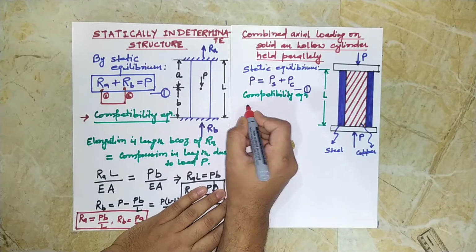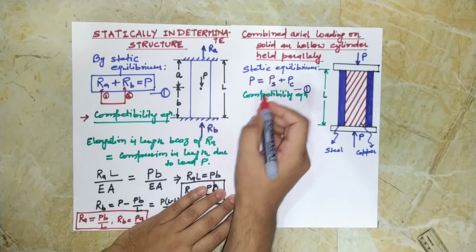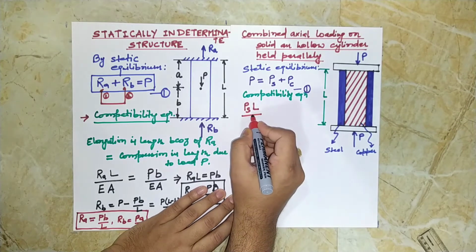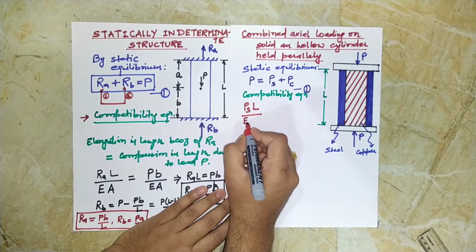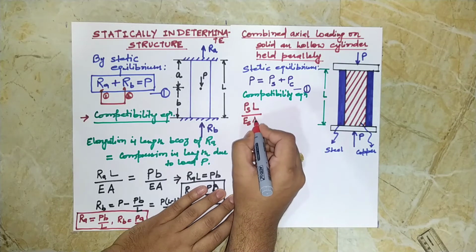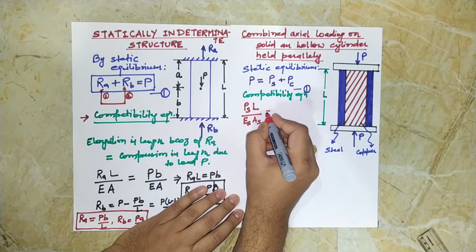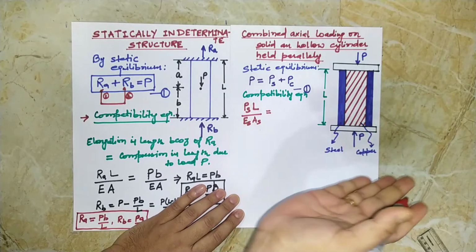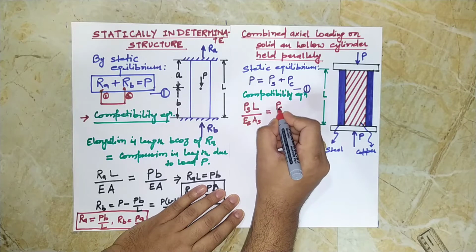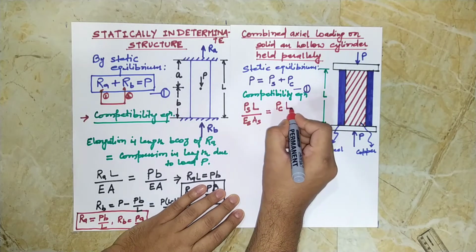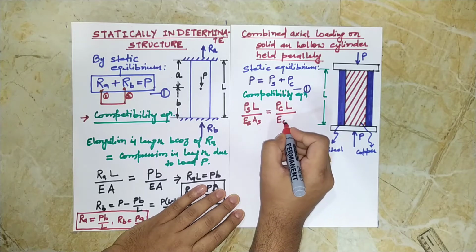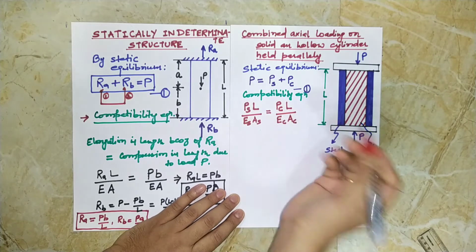So the change in length of the steel cylinder will be the load applied on the steel cylinder, that is PS L, upon E of steel, that is Young's modulus of steel, and area of cross section of steel. Because the change in length in both is equal since they are compressed parallelly, this will be equal to PC, that is the copper cylinder load, into length divided by Young's modulus of copper and area of cross section of the copper tube.